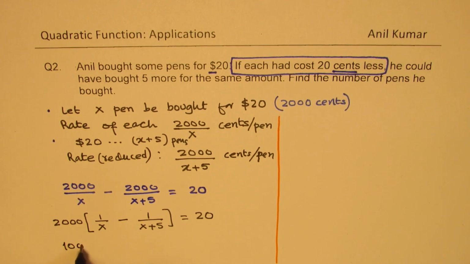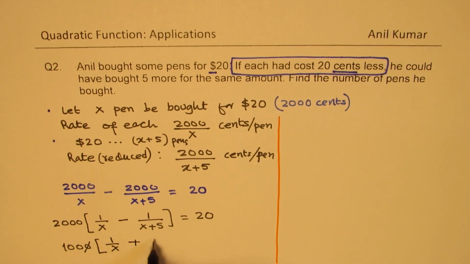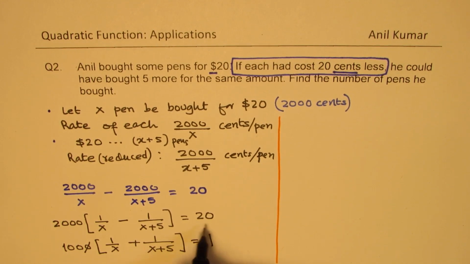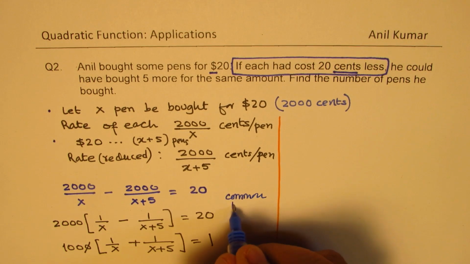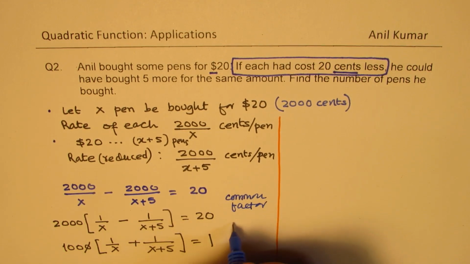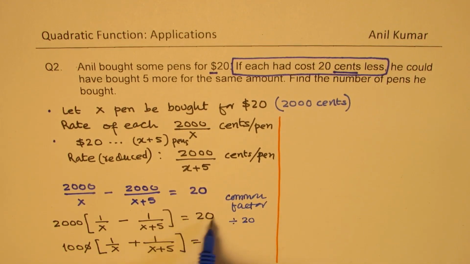So you have 100 times 1 over x minus 1 over x plus 5 equals 1. So what we have done at this stage is, here we have taken the common factor, correct? And then we are dividing by 20 on both sides. So we get 1 here, and dividing 2000 by 20, we get 100, right? See, it looks much simpler.